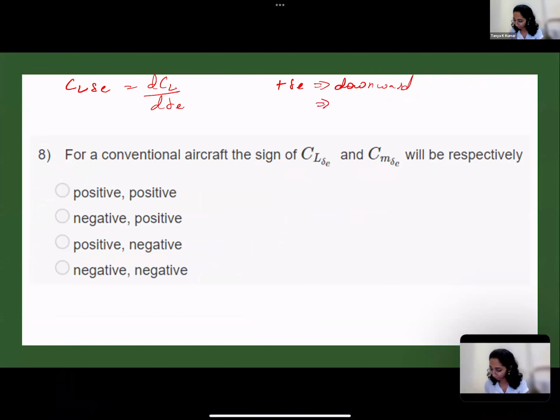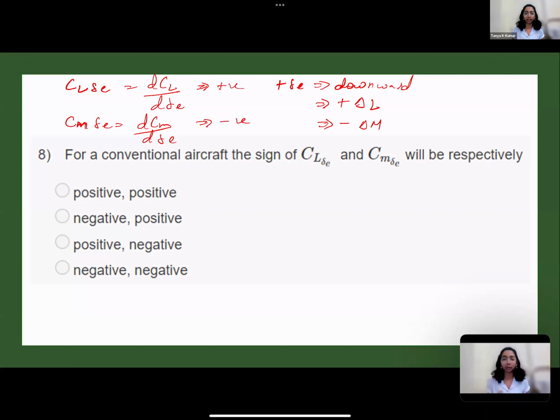It produces positive delta L, which gives you negative delta M. And here CM delta E is dCM by d delta E. This is positive and this is negative.